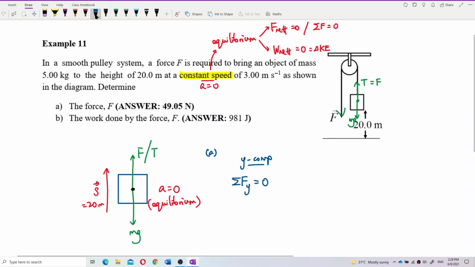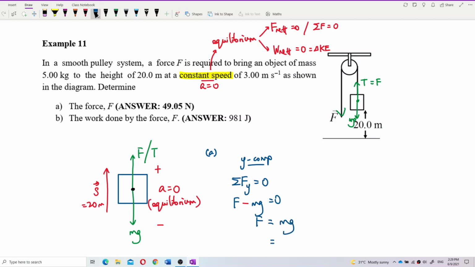So now how? We put direction going upward as positive, going down as negative. So the force F is positive, the mg is negative. So F minus mg equal to 0. So your F is equal to mg.